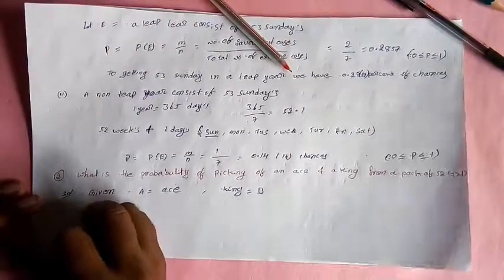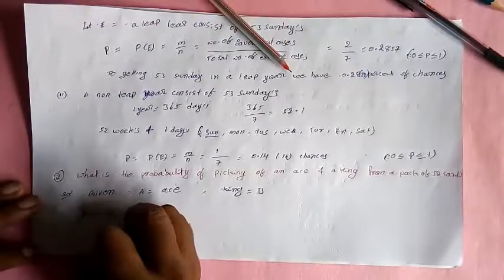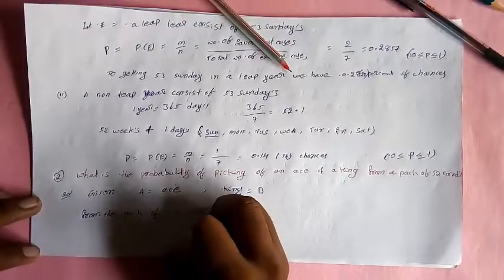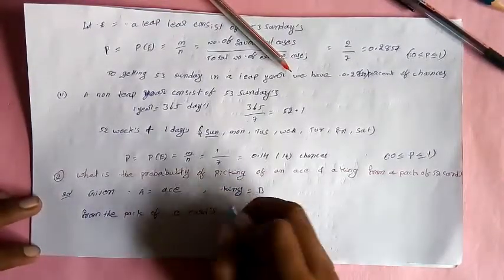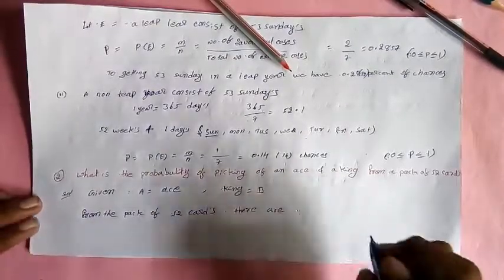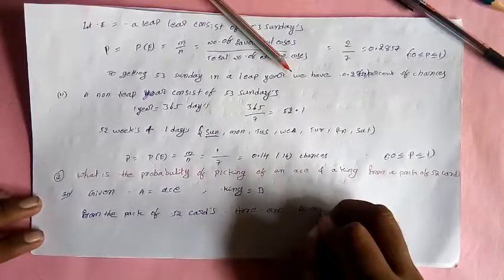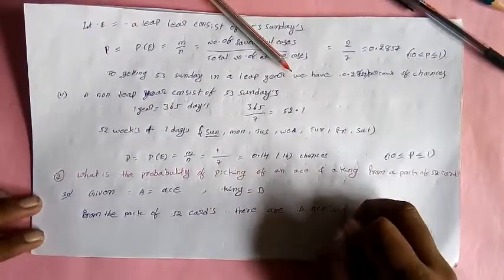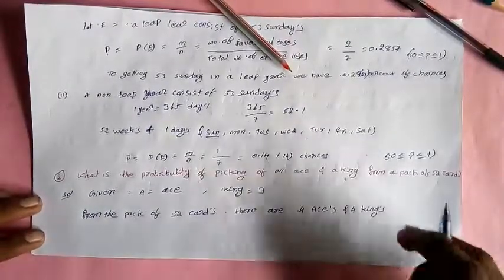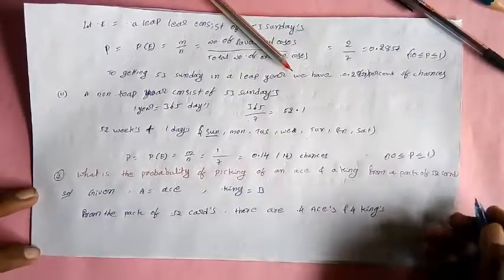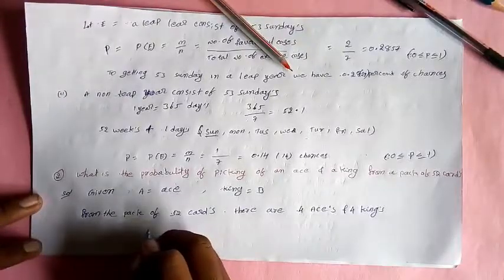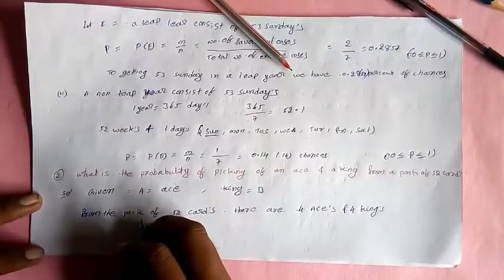From the pack of 52 cards, each pack consists of 4 aces and 4 kings, and also 4 queens, 4 jacks and so on. The remaining cards make up the rest of the pack.